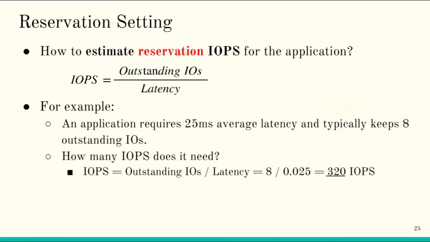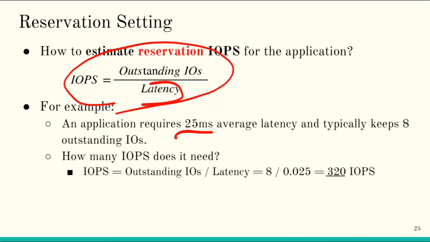Okay, and next we will discuss how this algorithm recommends specifying the reservation value, which is the lower bound of the VM. We can just use this formula: IOPS equals outstanding IO divided by latency. For example, if an application requires 25 milliseconds average latency and typically keeps 8 outstanding IO, how many IOPS does it need?